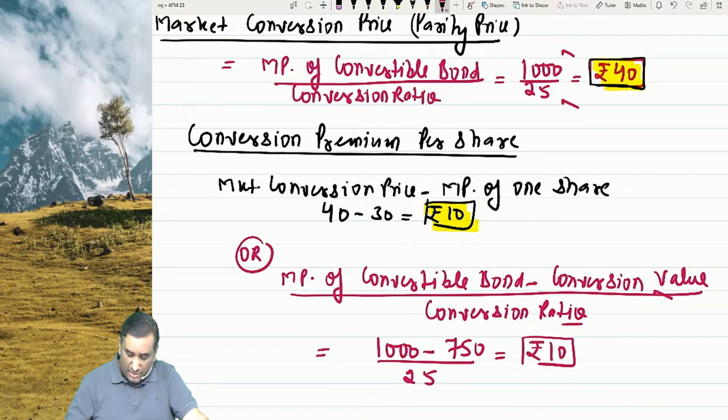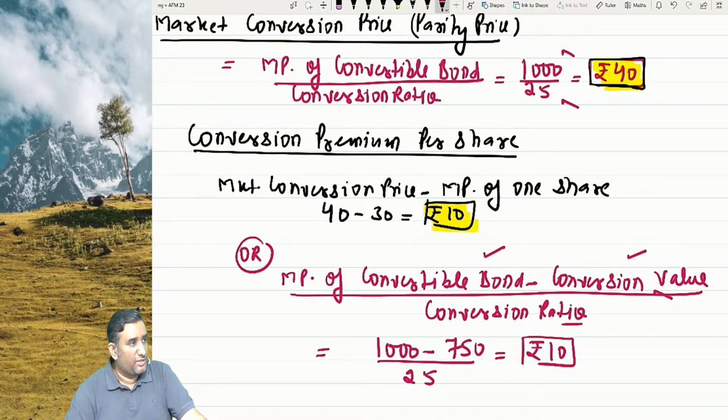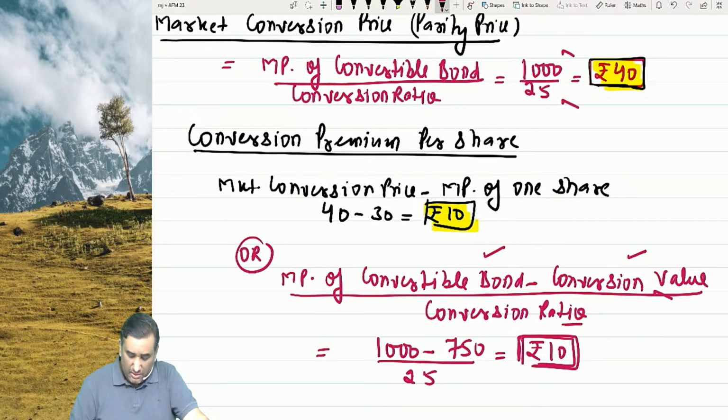So 1,000 rupees minus 750 divided by 25. Both ways you'll get rupee 10, same. Or you can simply do what is the parity price coming and what was your market price.